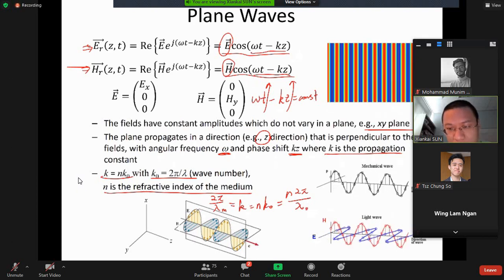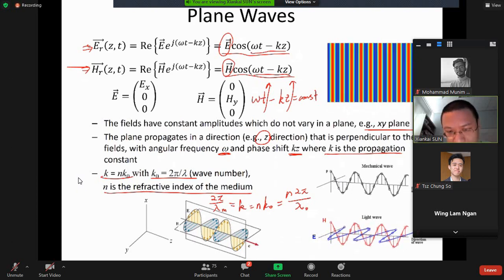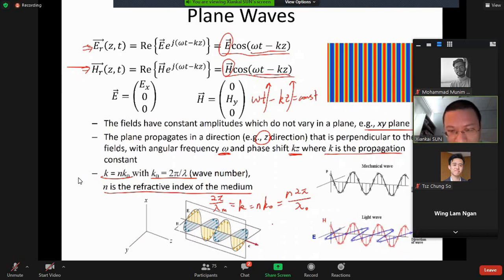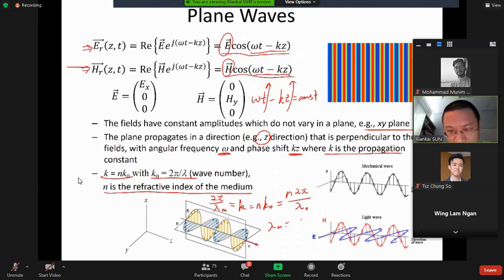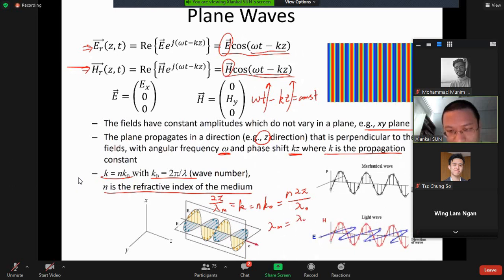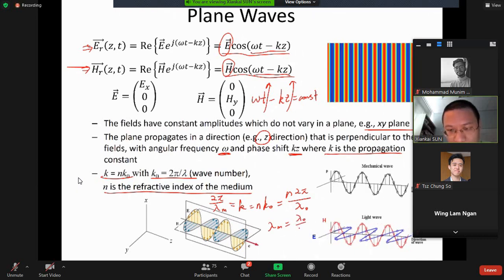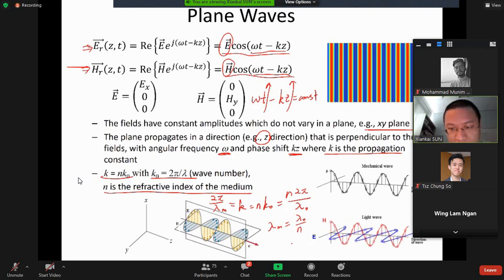So what conclusion do you get? The wavelength in the medium is equal to the wavelength in the vacuum divided by n, with n being the refractive index of that medium.